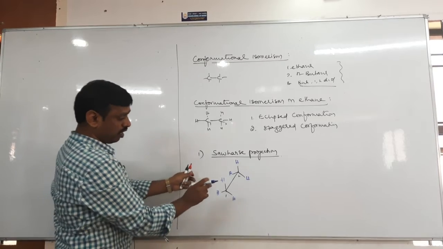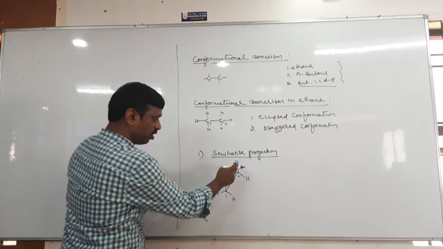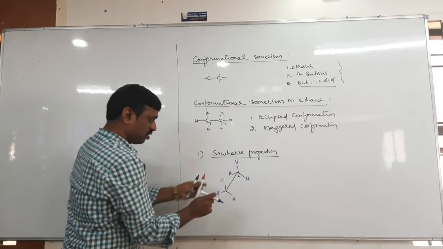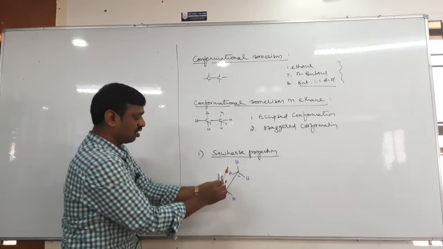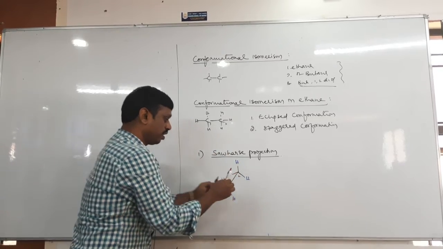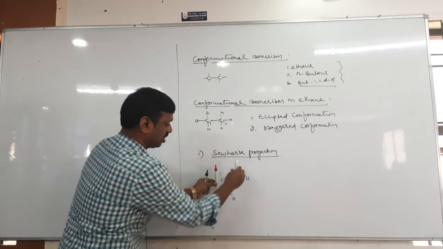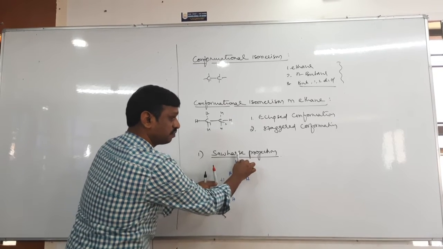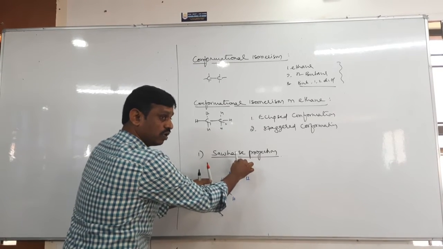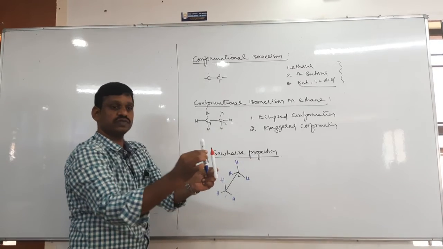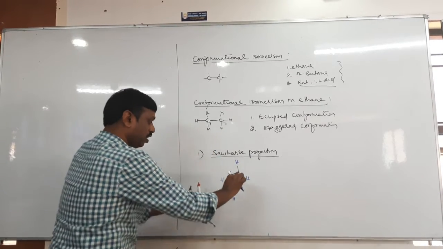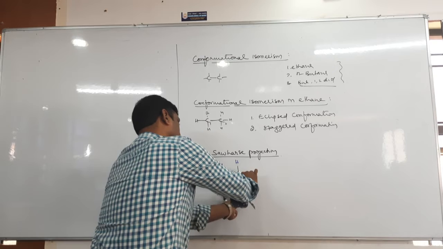Now tell me, if you see this structure, what is the position of the hydrogens? The hydrogens on this carbon are like this, and on the other carbon also like this. How are they? They are exactly parallel, no? Means one behind the other. Here also the same.